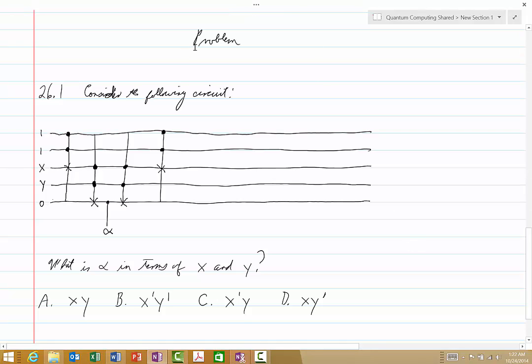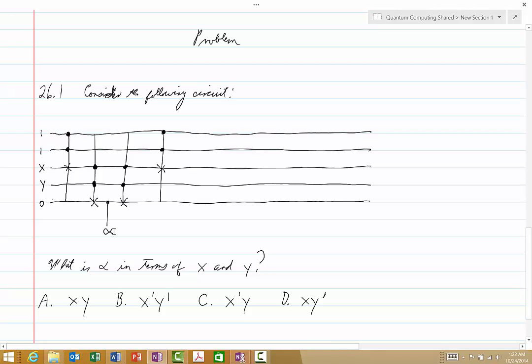Okay, so we'll just have one problem for this lecture, and then one or more for the in-class part. But the lecture problem will concern this circuit here. You can check this is a reversible circuit. You're not required to check that, but I'm saying that this is reversible.